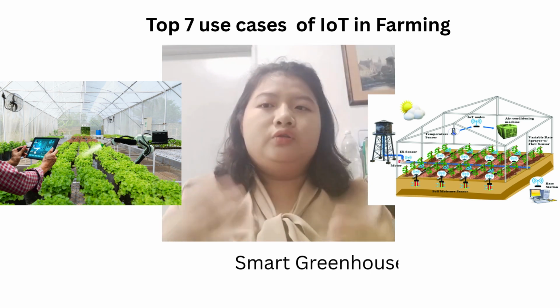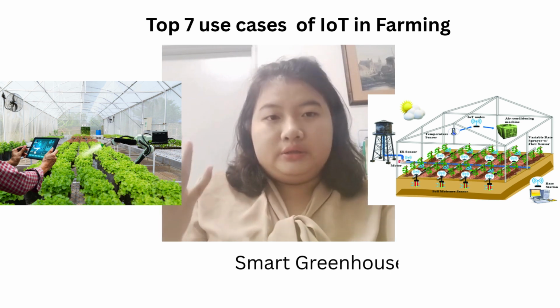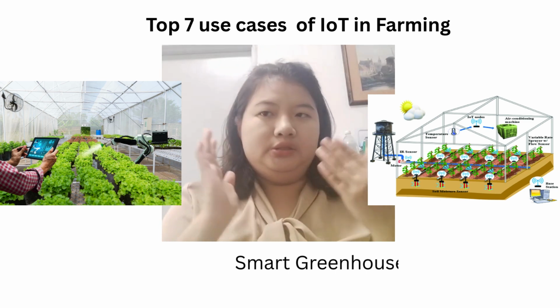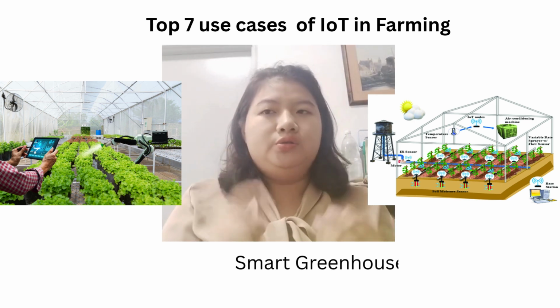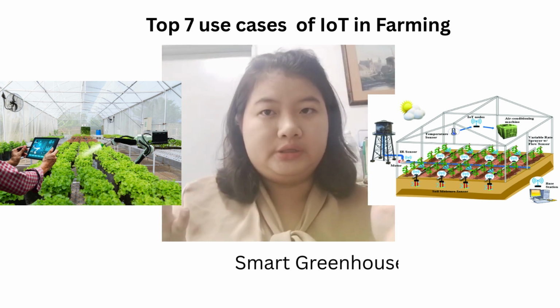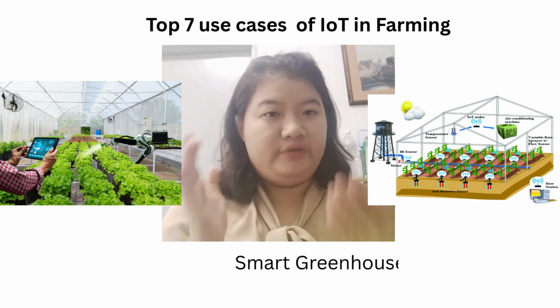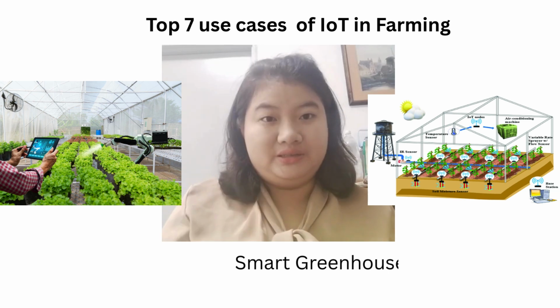Number 5, the smart greenhouse, is an IoT use in the farm. For example, based on the temperature and humidity sensors, we can know the temperature, moisture and humidity in the greenhouse. Then we can switch on the fans and water system, such as the mist or the irrigation, automatically.